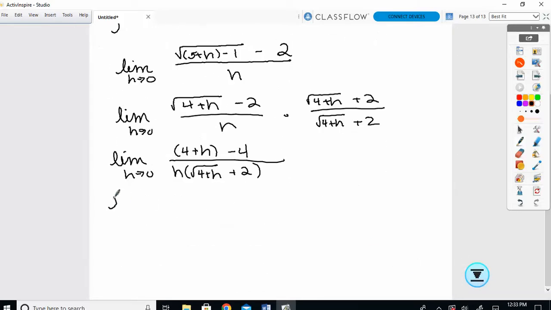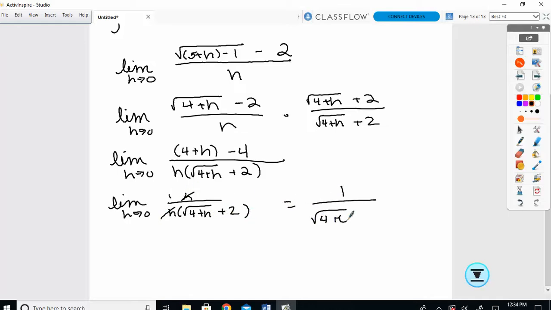Now what? So if we divide those h's, that just gives me 1, and now we could plug in. So we get 1 over square root of 4, which is 2, plus 2 is 4.